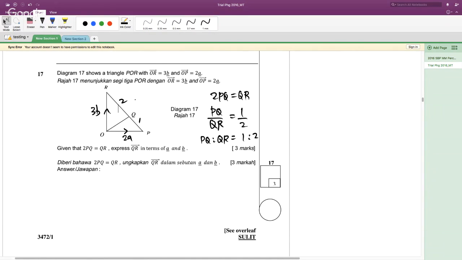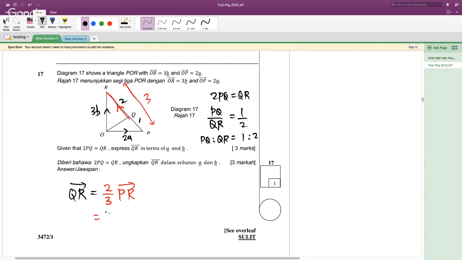So the question asks me to find QR. I know QR, Q to R, is this line. QR should be 2 out of 3 of PR. You have to see that QR takes part 2, but the total PR actually has 3. So 2 out of 3, since the total is 3, right? So you should get the idea.